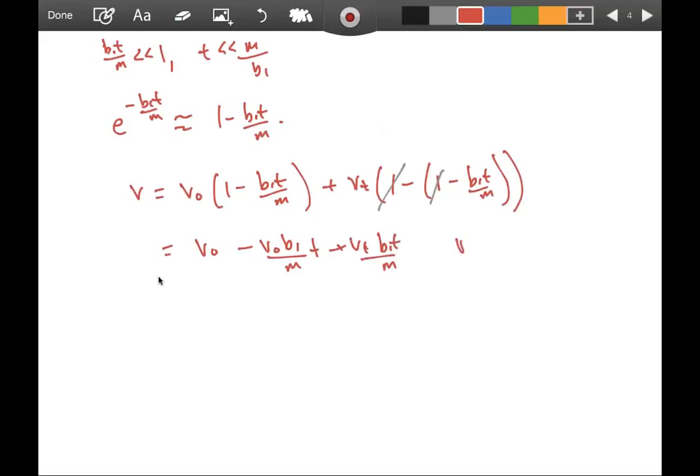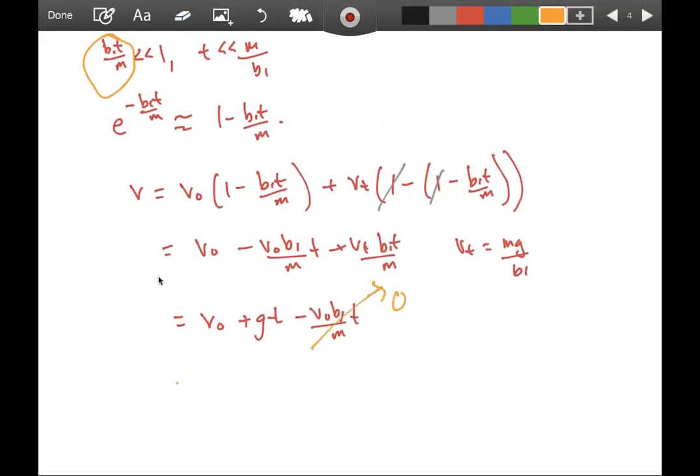Now again, using that the terminal velocity is equal to mg over b1, this thing is going to be equal to v0, and then I get a plus g times t from the second term, and then finally a minus v0 b1t over m. Now, according to my approximation, b1t over m is much, much less than 1, which means this term is basically just going to be 0.